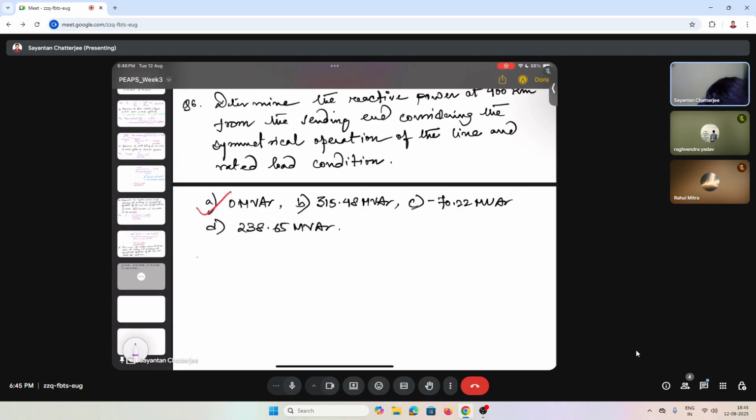Still, if you want to see the expression, the solution would be: the total line is 800 kilometers, and the reactive power is required at exactly the total line length divided by 2.